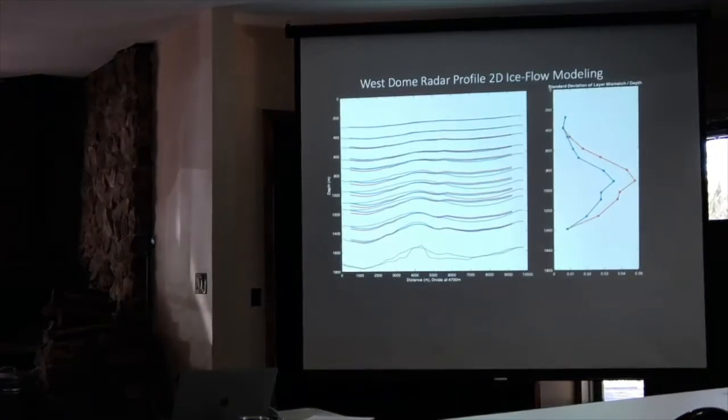We're also using flow line and flow band models to look at the internal layer structure, which is relatively simple but isn't matched perfectly using the modern accumulation gradient. This will be much more refined once we have surface velocity measurements, englacial velocities with pRES, and much more characterization of the region.